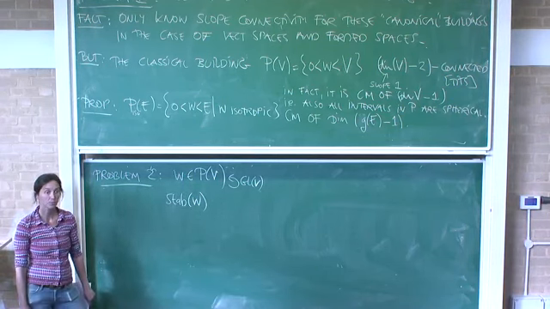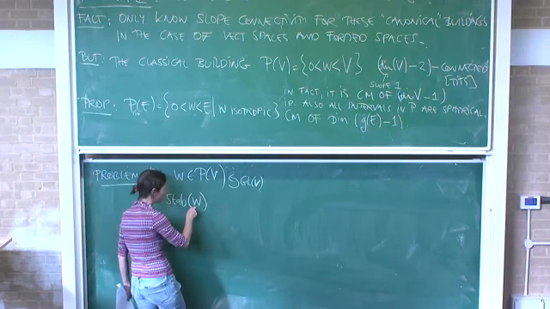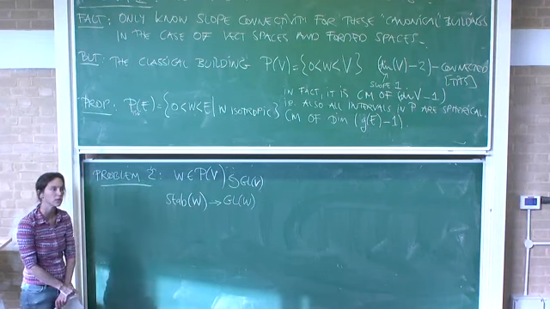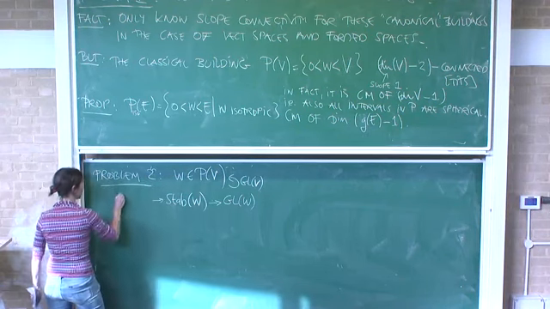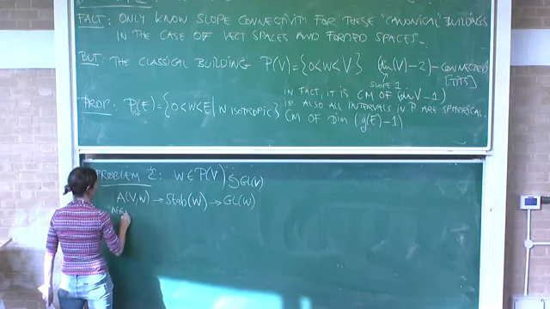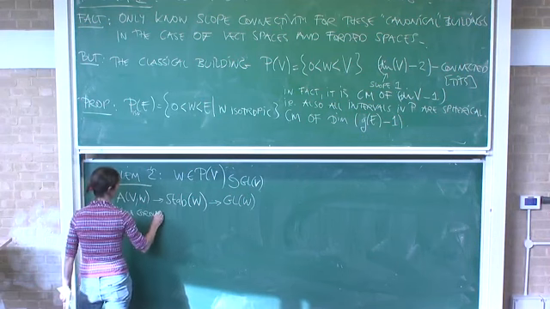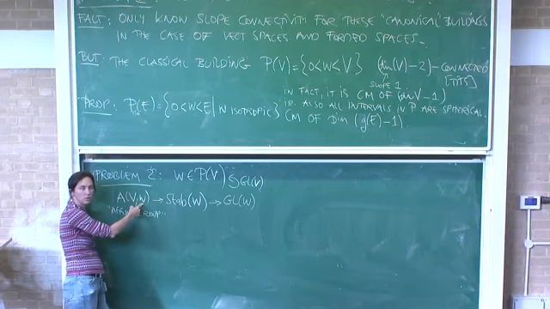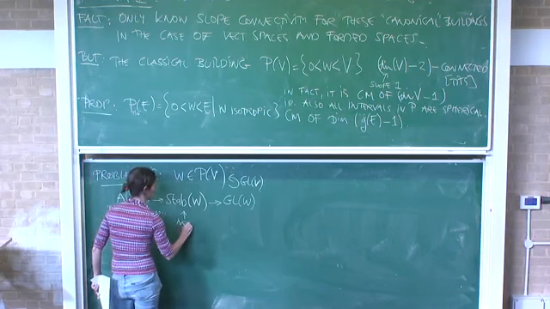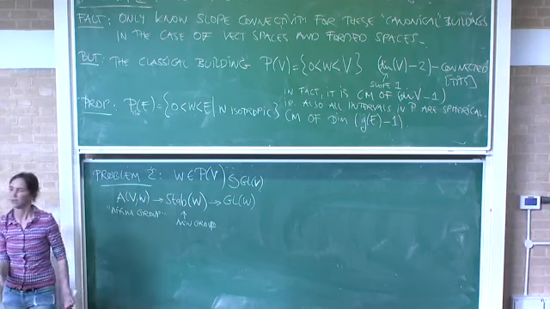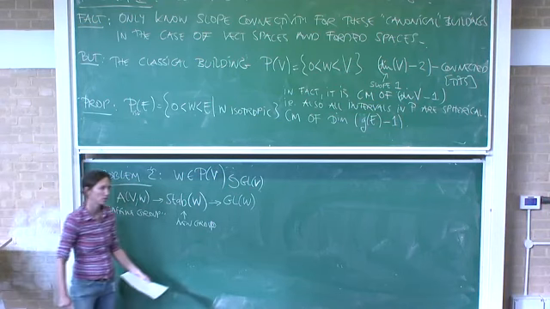What stabilizes a subspace? Well, if I stabilize a subspace, I definitely have a map to GL of the subspace. I can restrict to that subspace. And well, this has a kernel which is some affine group, which is the linear maps that restrict to the identity on W. Okay, so this is a new group. So this is bad for our induction, because our induction we just wanted to apply to our previous group, but now we have changed groups.